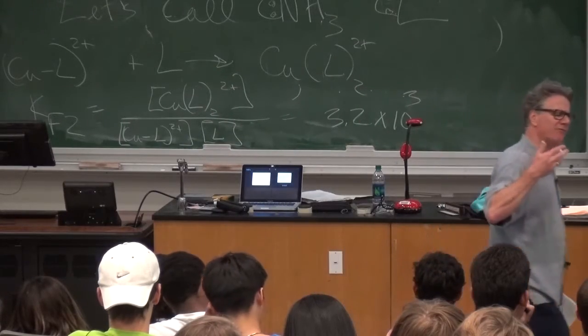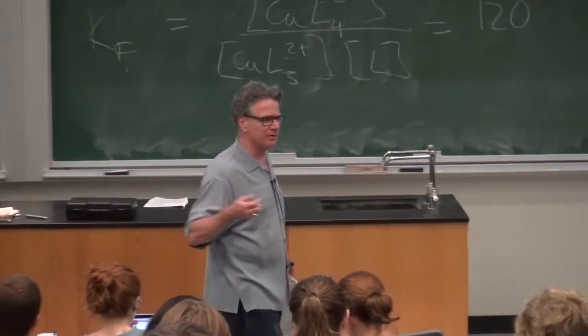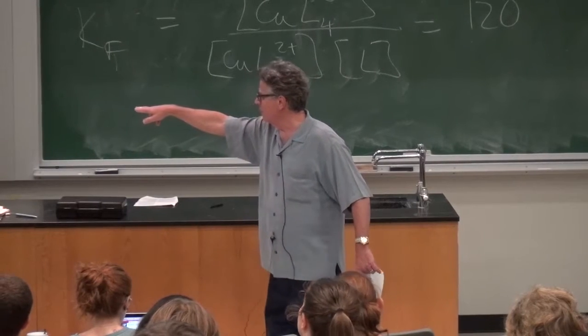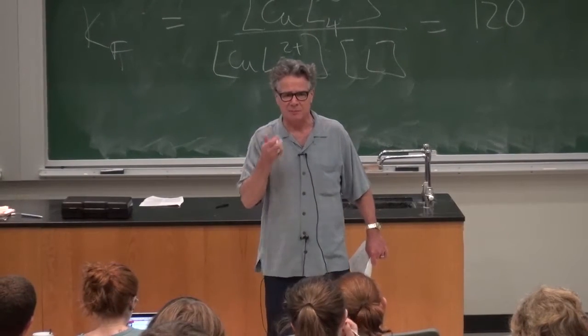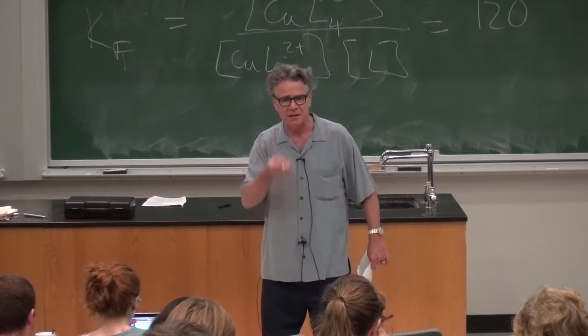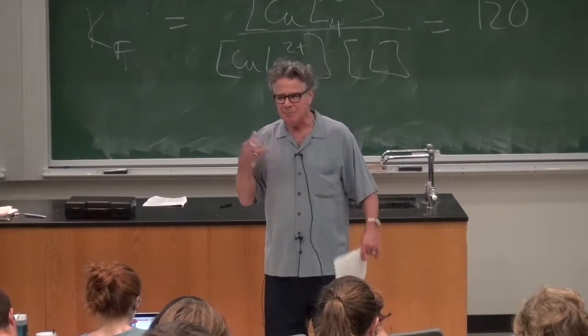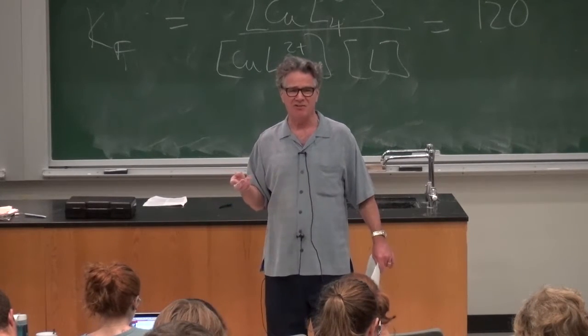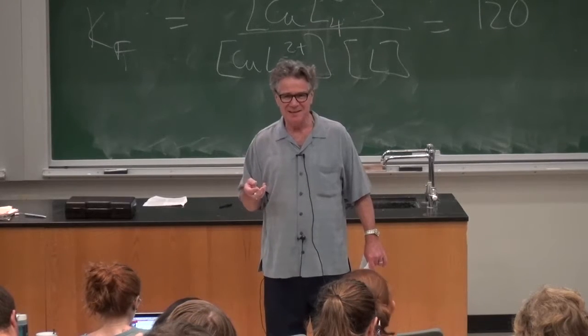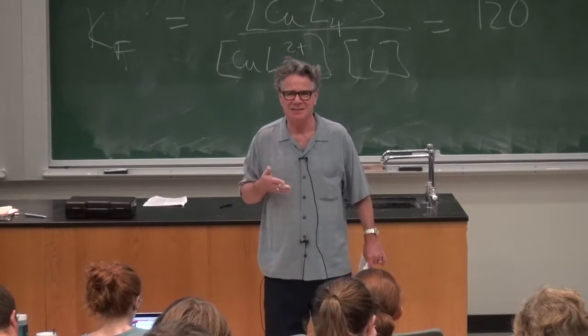But what's interesting is look how the formation constants fall off in size. And that's again a reflection of this electrostatic argument. Each time I shove a pair of electrons into that copper to make the monoamine and then the diamine and the triamine, it becomes less electron deficient, right? I'm filling it up with electrons.